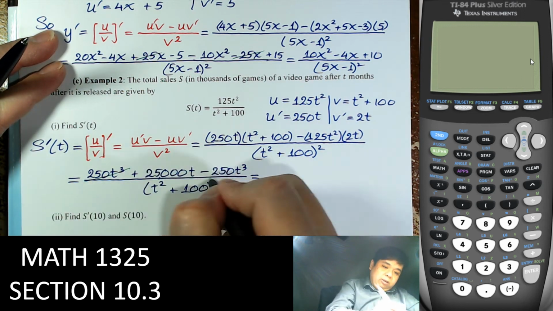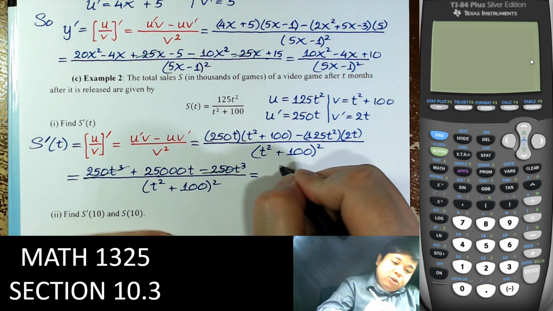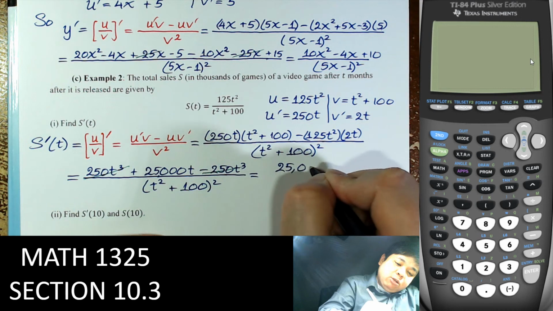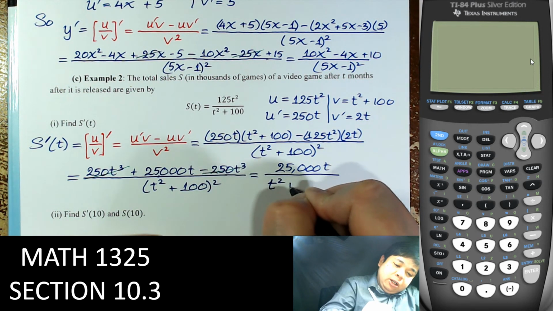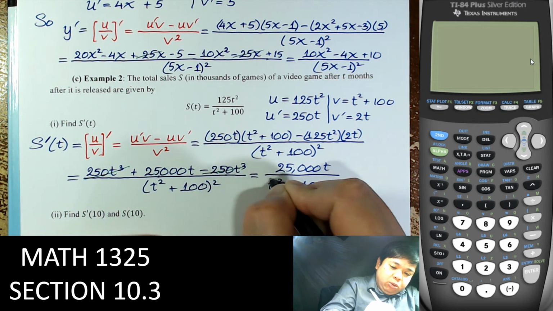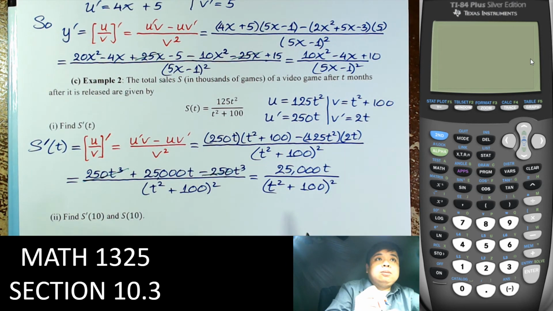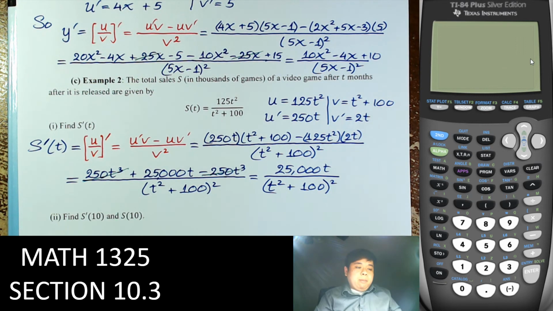So conveniently those cancel out, and we have 25,000 t over (t square plus 100) square. So that is the derivative.